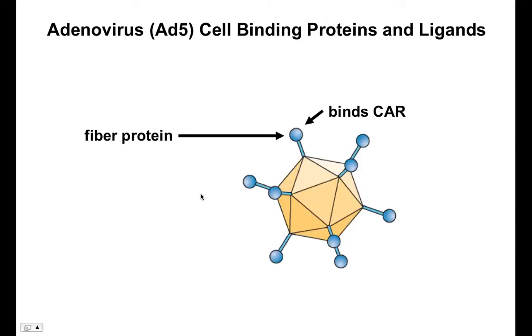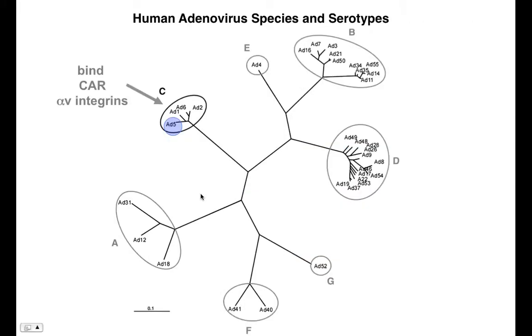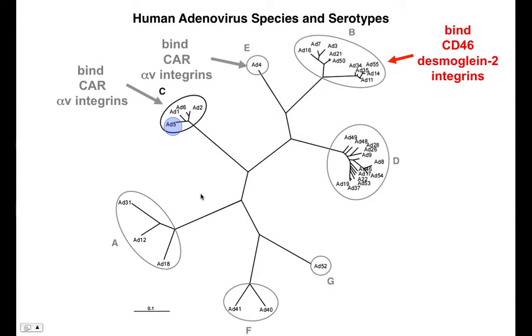So this is just showing off CAR and the fiber protein, add 5, and then a couple of the others binding CAR and alpha V integrins. A lot of CD generally refers to some type of immune function, and then integrins and desmoglein are part of, I forget, tight junctions or adherens junctions, one of the two.